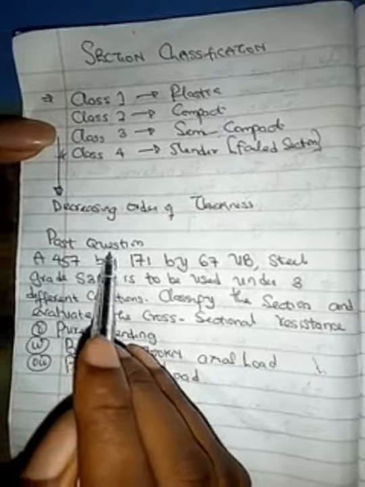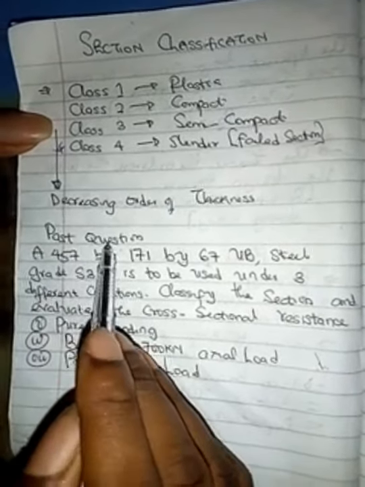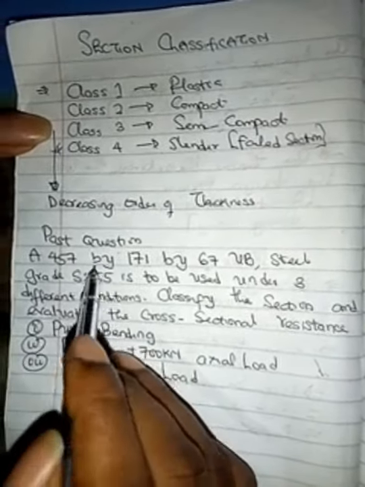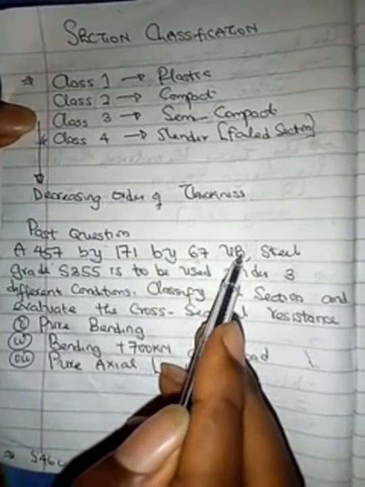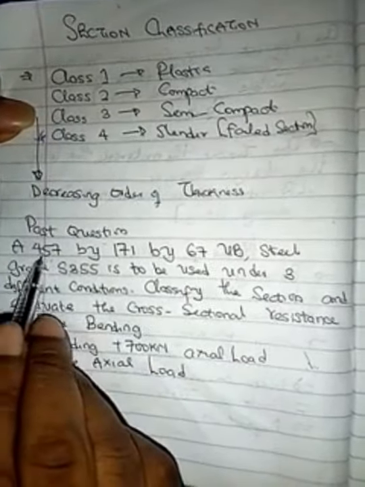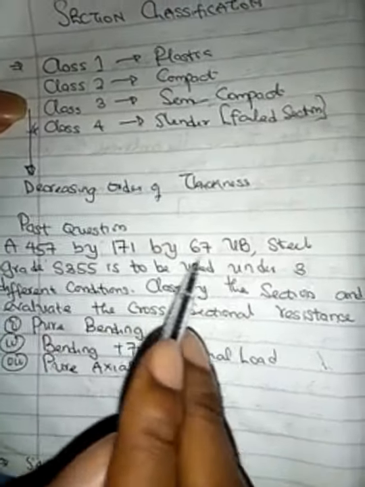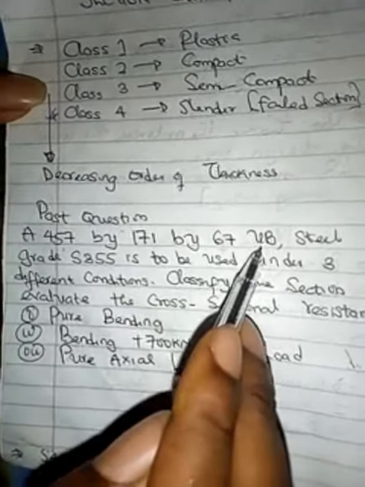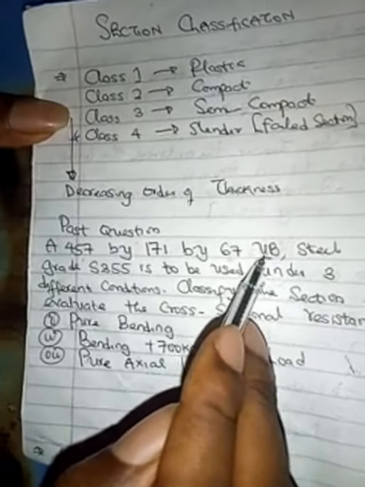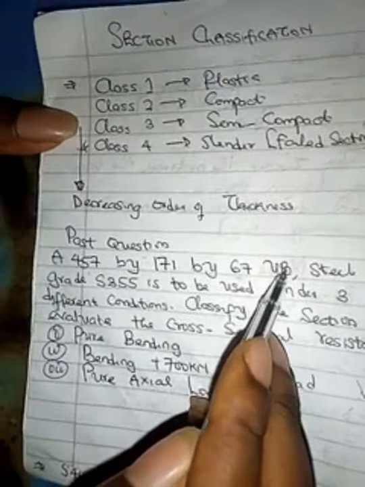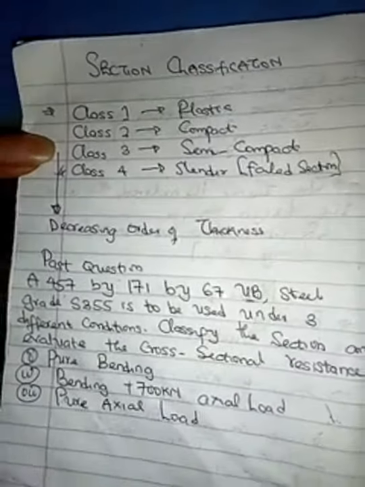All right, so there's a question from past questions. I think you also solved this particular one in class. We are told that a 457 by 171 by 67 UB. These are dimensions. UB means a universal beam. A universal beam is always I-shaped, like this.